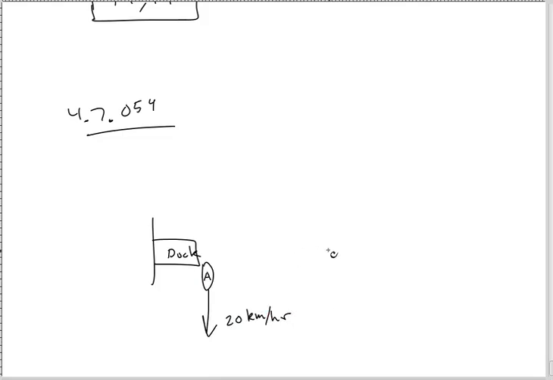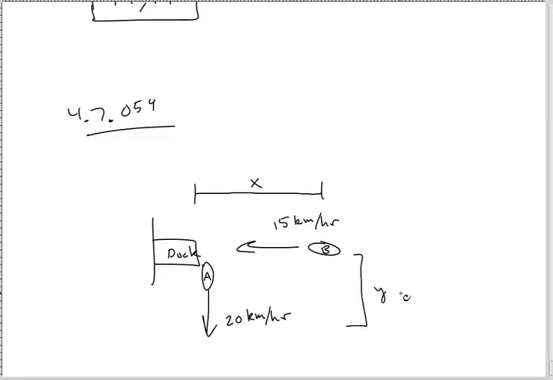And then we have another boat, B, coming into the dock at 15 kilometers per hour. The distance of the B boat is going to be an X, and the distance of the A boat is going to be a Y, obviously X and Y. And I'm looking for the distance between them. So that would be a distance formula there.